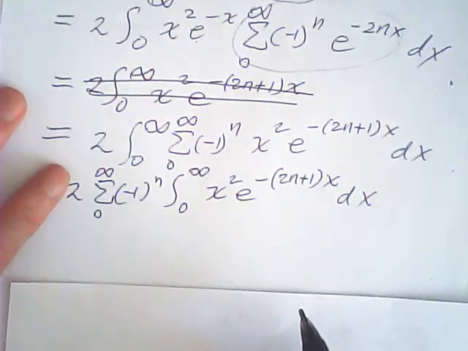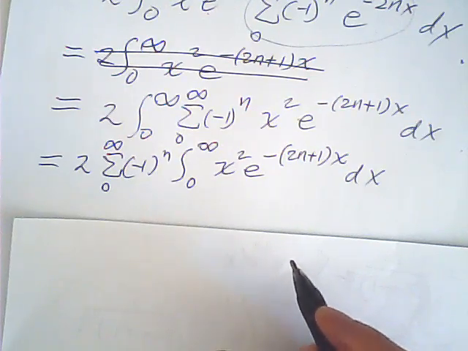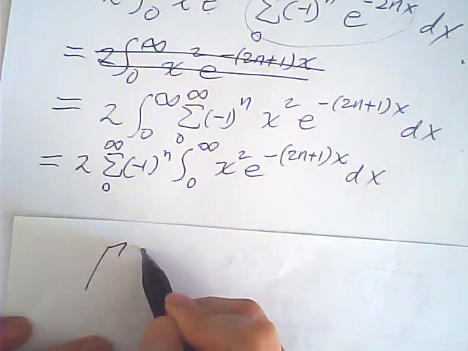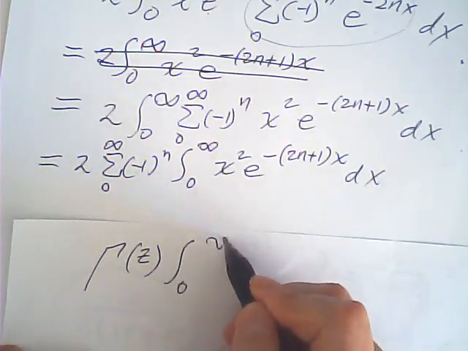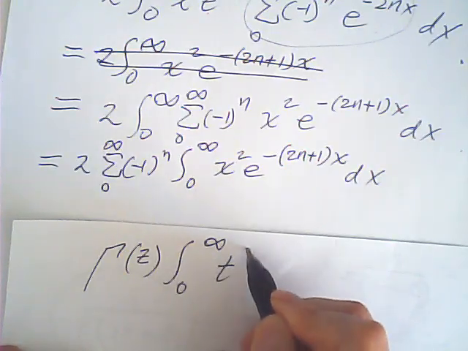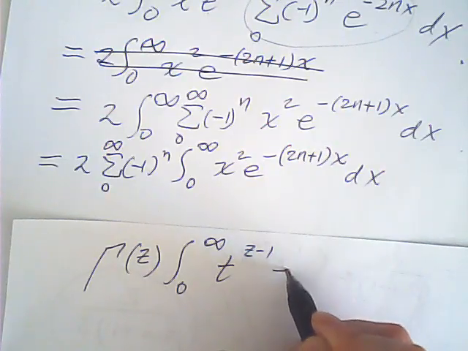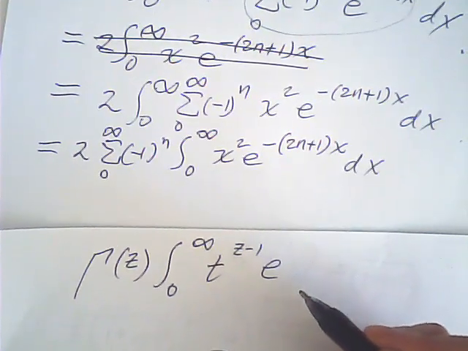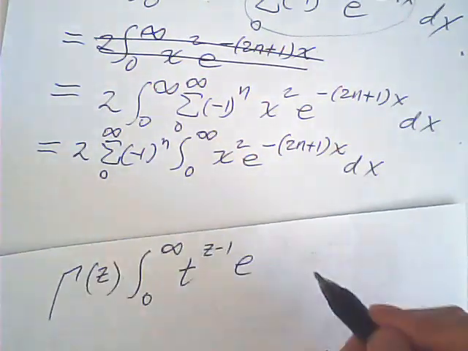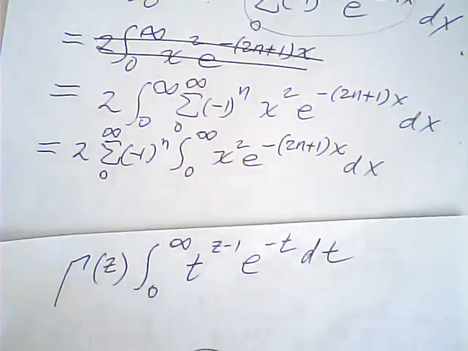Now we have a gamma function. Gamma of z is the integral of t to the z minus 1 times e to the negative t dt.